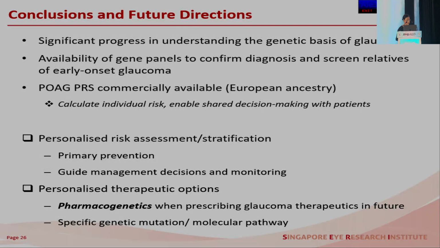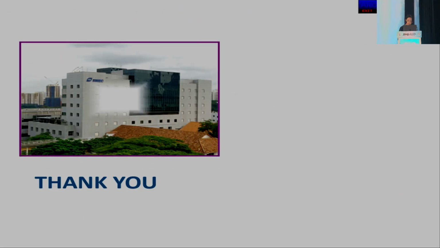Personalized risk management assessment, not only for primary prevention, but also to guide management decisions and monitoring. And perhaps, not too much in the near future, but in the future, we may move towards what is happening with certain cancers, which is pharmacogenetics, when prescribing glaucoma therapeutics. Thank you very much.